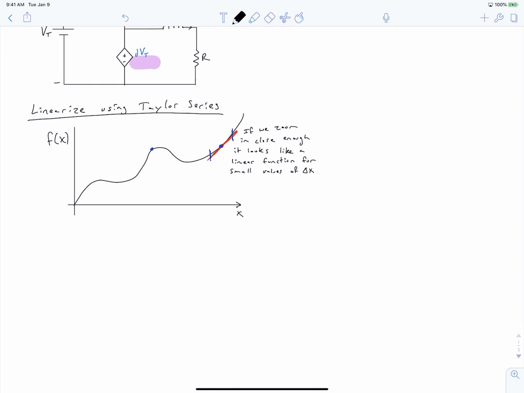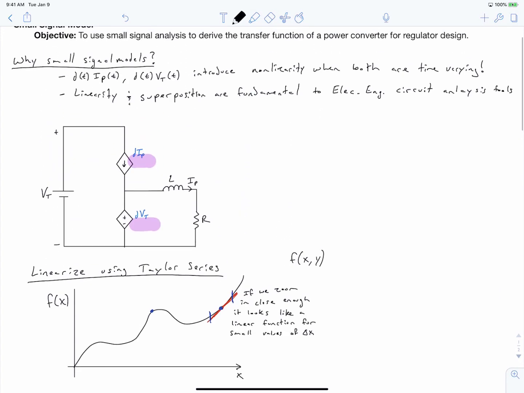Formally, our Taylor series can be written as the Taylor series for a two-variable system, f(x, y). And why are we looking at two variables? Because in our circuit up here, our current source and our voltage source are a function of two variables.